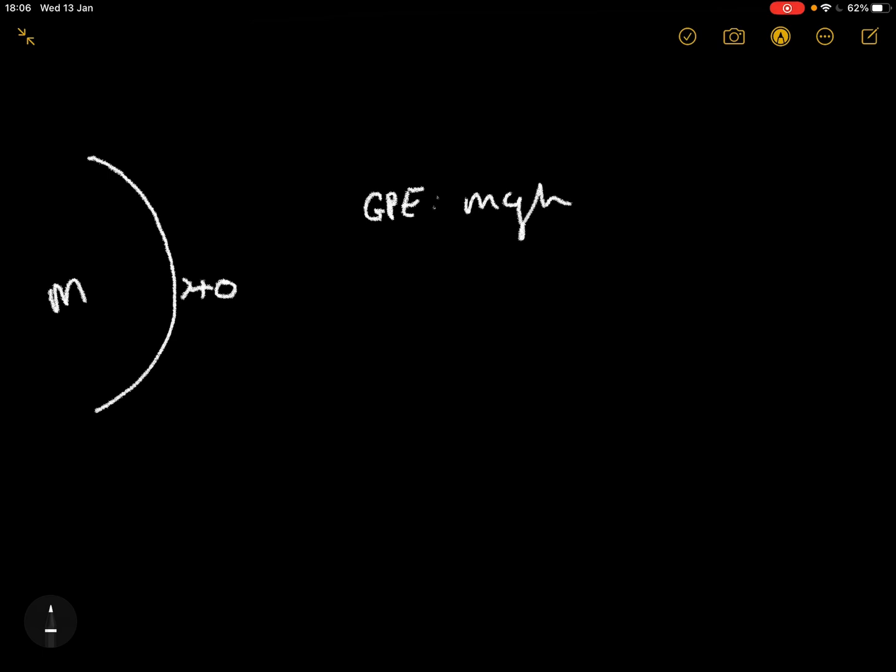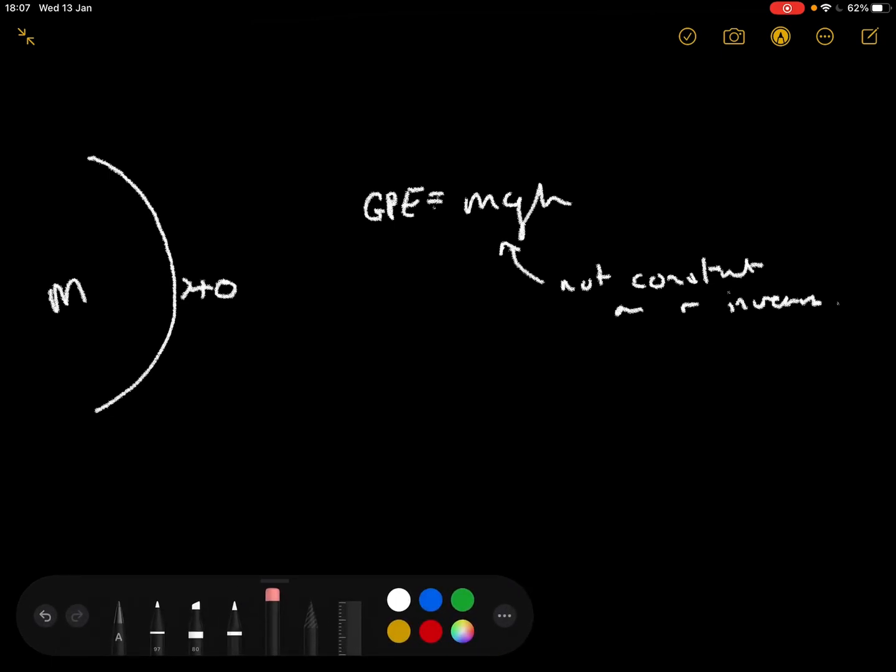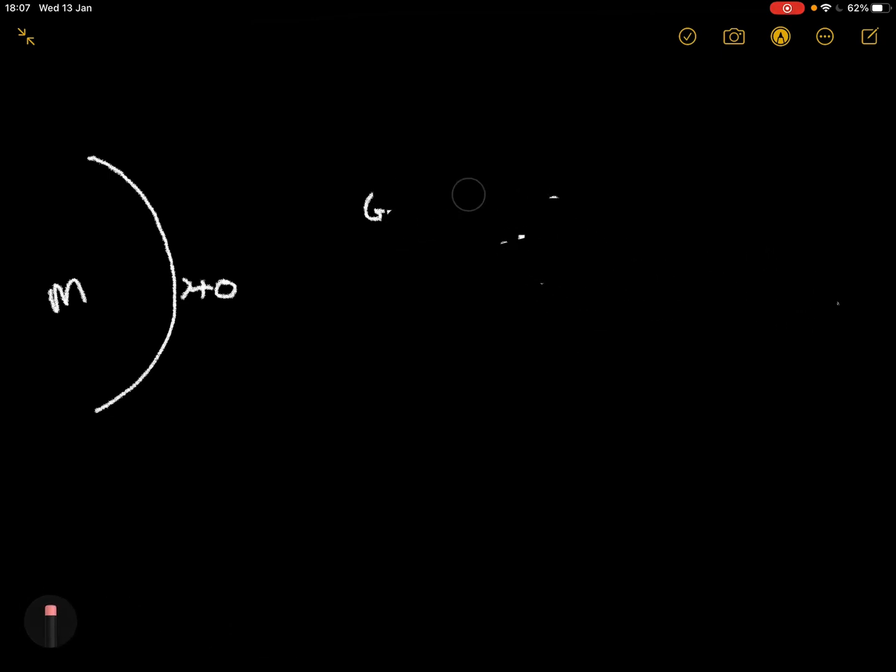We can't use this equation if we start leaving the surface of the planet by some kind of noticeable distance, because this gravitational g is not constant as r increases. So we have to start using equations that enable us to deal with the fact that the gravitational field strength is going to change as we move away and outwards.